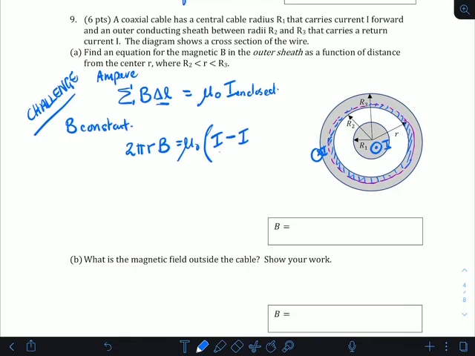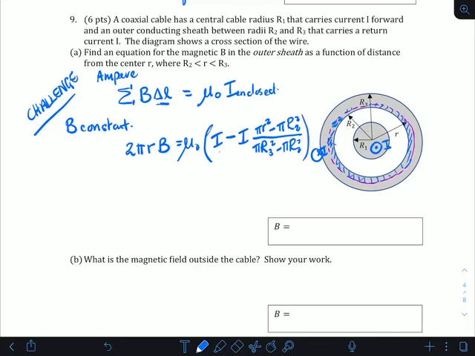The area of this little ring is equal to pi r squared minus pi r2 squared, divided by the total area of this outside sheath, which is pi r3 squared minus pi r2 squared.